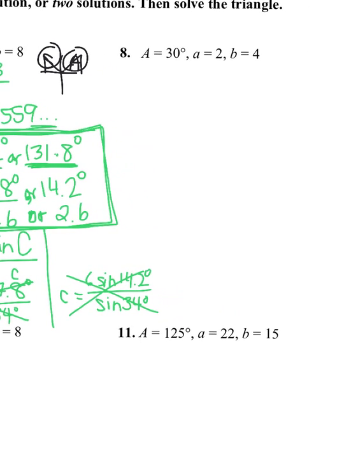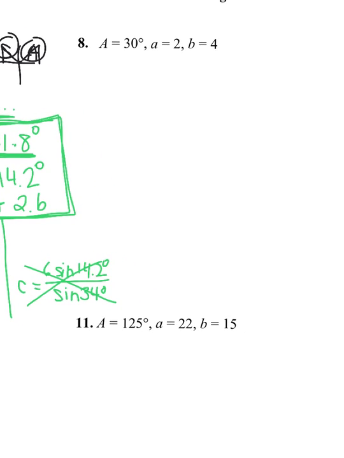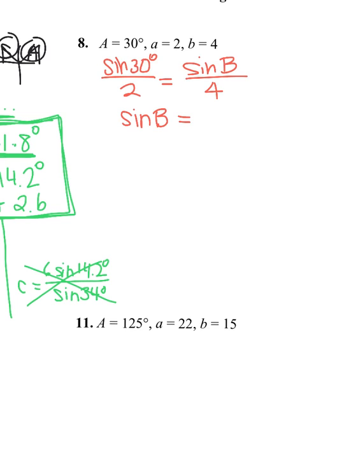All right, let's go on to number 8. All right, so number 8, once again, let's set this up. So we got sine of 30 degrees over 2 is equal to sine of angle B over 4. Solving for sine of B, cross multiply, divide, we get sine of B is equal to 1.